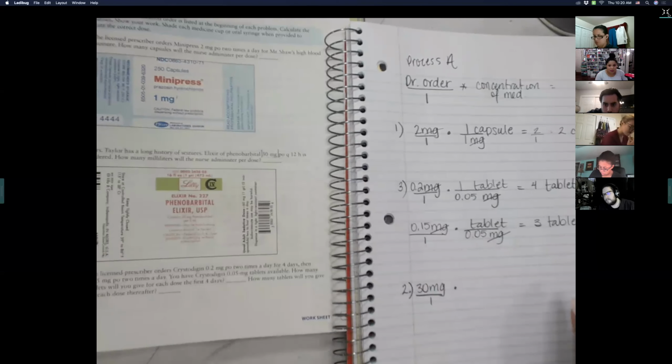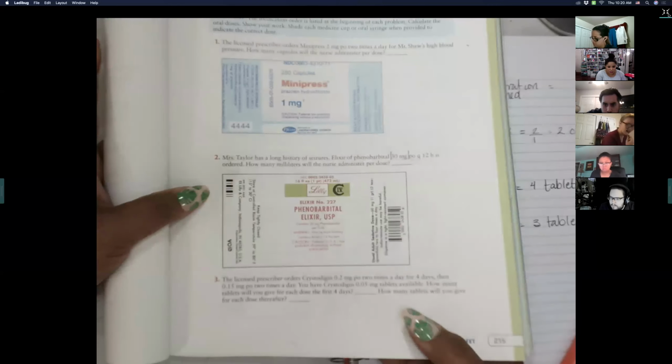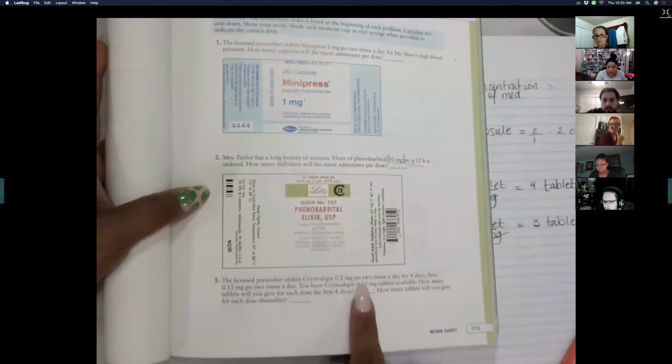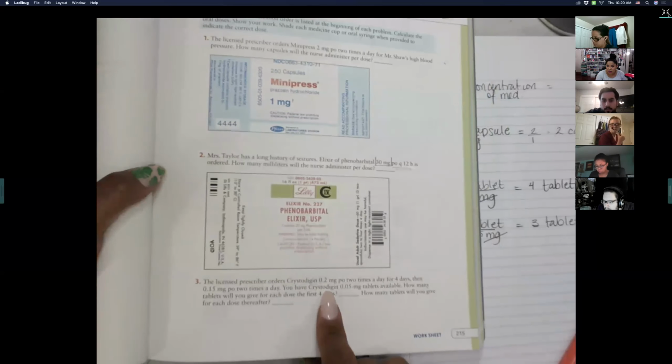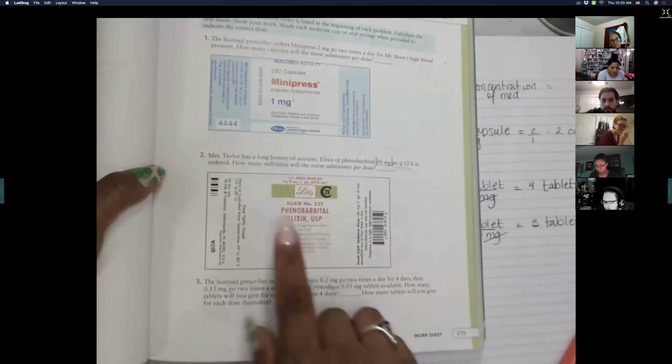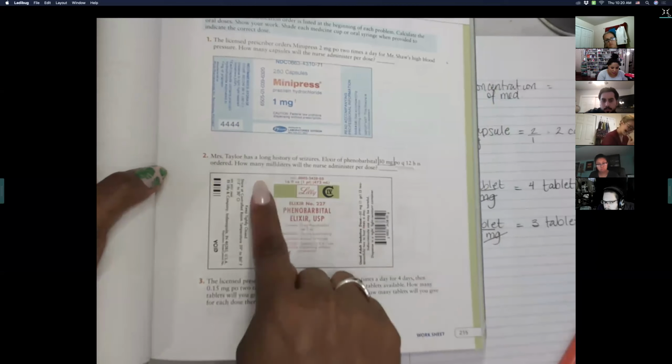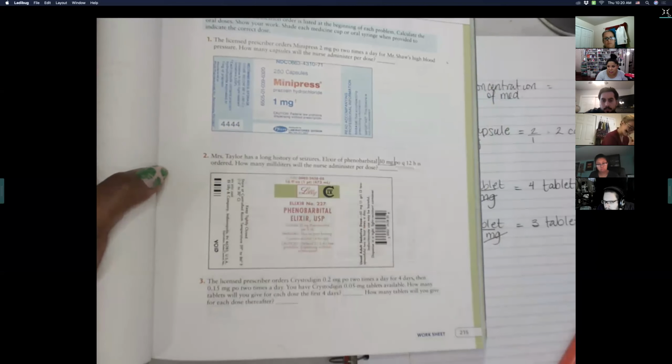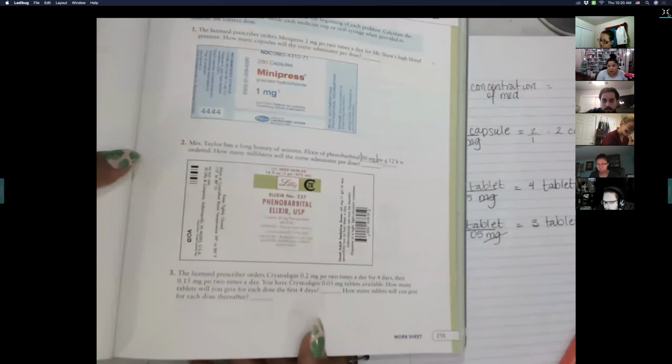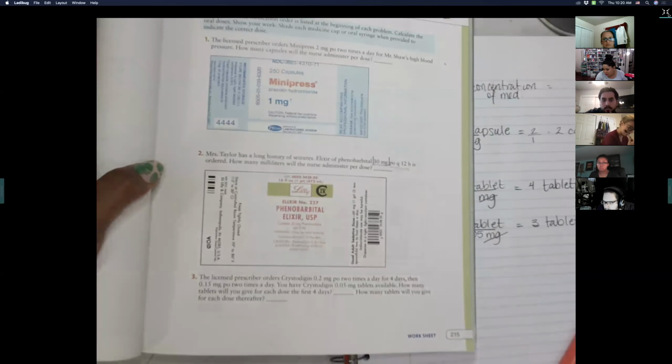Now, this was not a generous problem statement, right? This one, they just told us what the concentration of the medication was. For number 2, we have to identify it on this medication label. So this is my other suggestion.